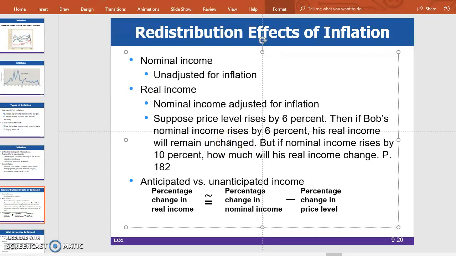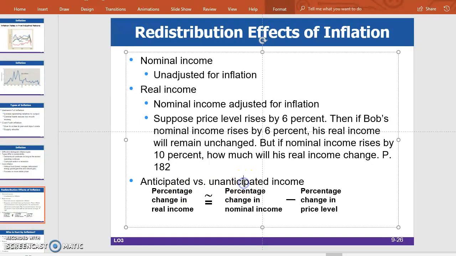All his gain in nominal income will be absorbed by the increase in price level, right? So in real income terms, he doesn't earn much. But if nominal income rises by 10% and inflation is still 6%, how much will his real income change? That will be a gain for Mr. Bob, right? And this is given on page 182 in your textbook.